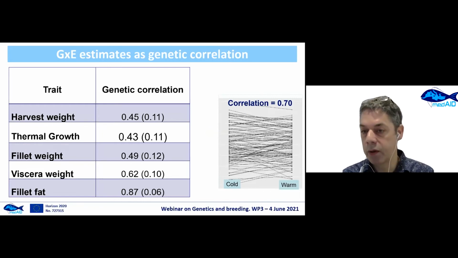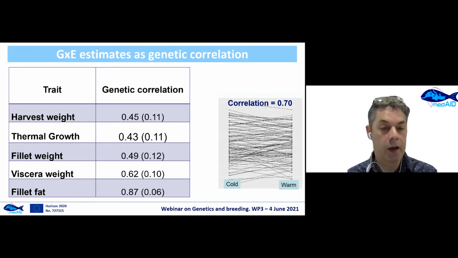For comparison, the graph that I was showing earlier, which you see here on the right, that's for a correlation that's about 0.7. So with 0.7, you already get the re-ranking that we see here on the right. And in the experiment, we found that the genetic correlations are still a bit lower than what you see here on the right. So quite low for the production traits in the two environments.